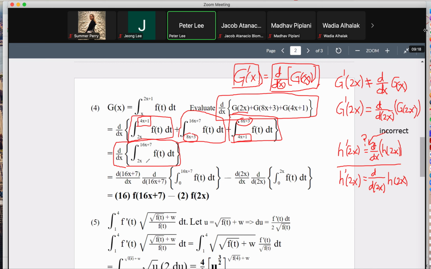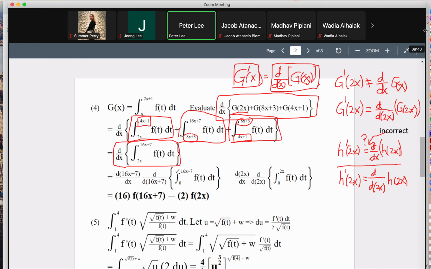And then we have done enough of this. Did you do many of this? I don't think I did too many of this, but I did make a mention of this. We spent quite some time. So we have a variable on the upper limit and the lower limit. We split this. So why don't we split this at 0? You can split this up at any point. So we take the interval from 0 to 16x plus 7, and then minus the interval from 0 to 2x.